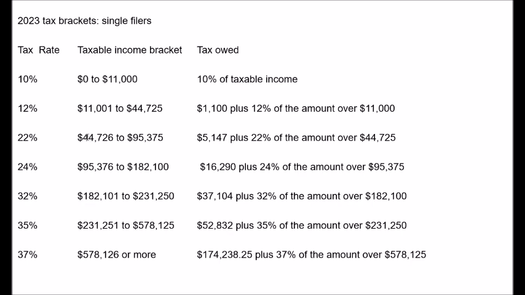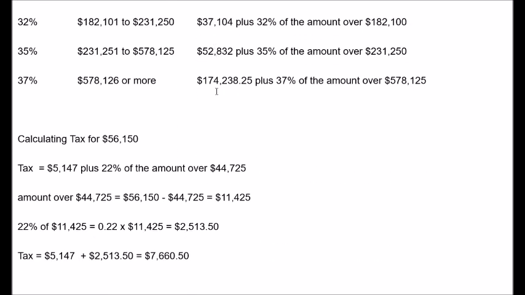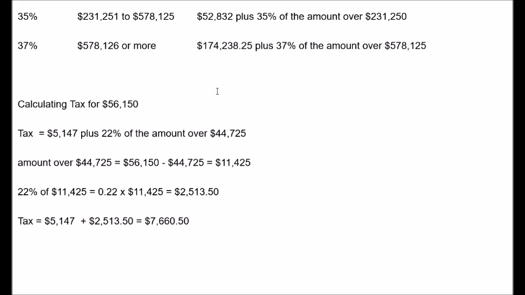And so the $56,150 will be inside this interval. And so the tax will be $5,147 plus 22% of the amount over $44,725. If we're using this method, then this is how we would calculate the tax.